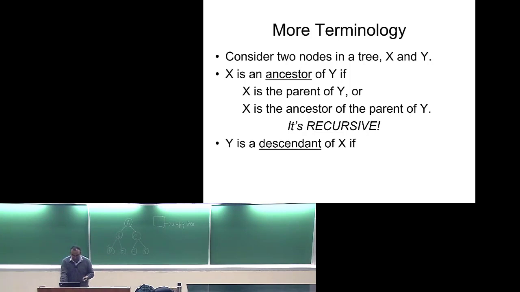We will say that Y is a descendant of X if, what's the first condition? Can you define the descendant? When will we say it? Yes. Y is a child of X, that's one condition. Or, let's discuss in terms of descendant only, right?